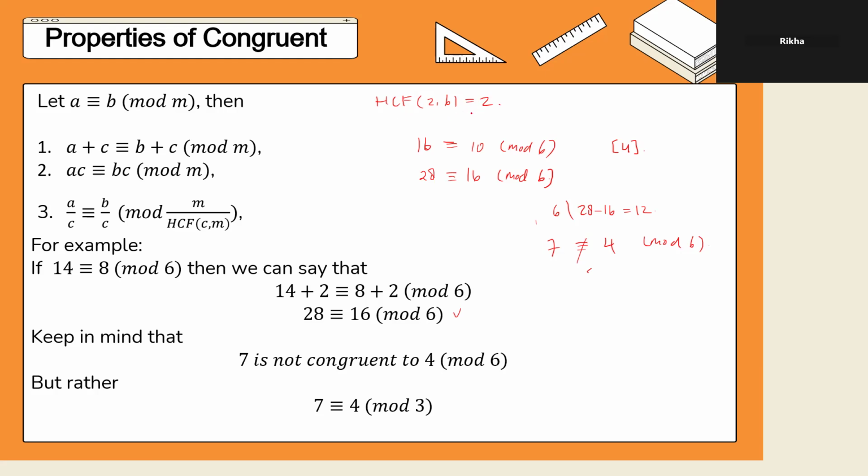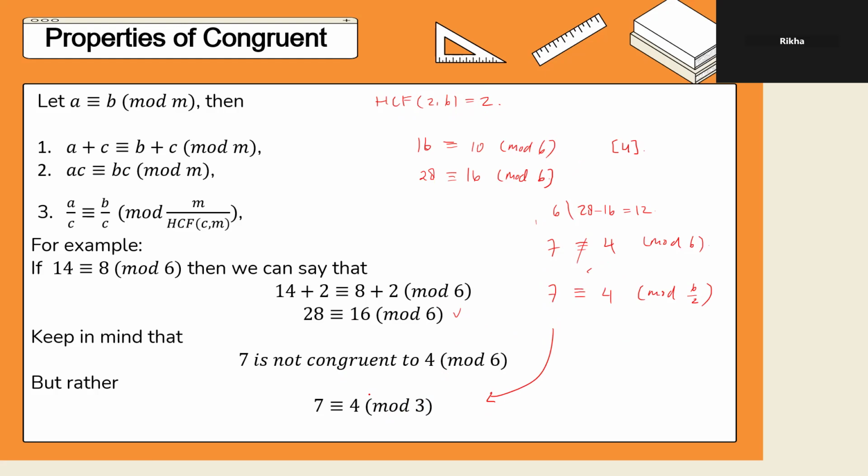So the HCF has to be 1 for you to divide directly. If this is not the case, we can divide, but we divide the modulo too. So 7 is going to be congruent to 4 modulo 6/2. In this case, this one. And this is correct.